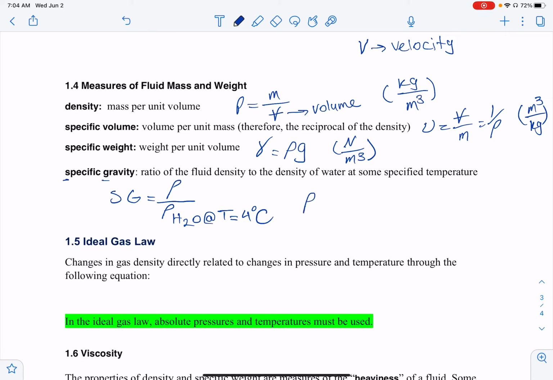The density of H2O at 4 degrees centigrade is approximately 1000 kilogram per meter cubic. So if we want to know the specific gravity of a fluid, we just need to know the density of that fluid, because this one is always the same, right?